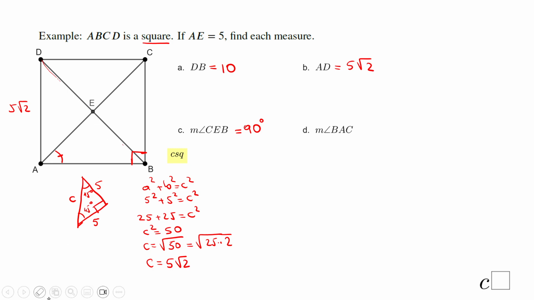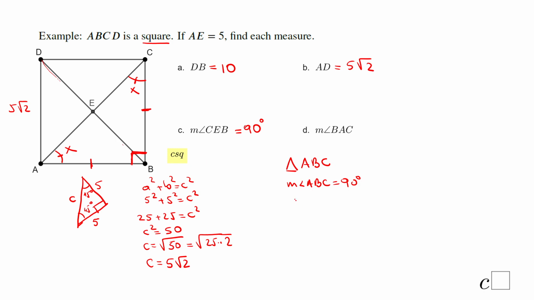So now we are looking, let's say, at this triangle ABC, and we know angle ABC is 90 degrees. And remember, these two sides are congruent, so that means it's an isosceles triangle also. So this angle, which I'm going to call X, and this angle are congruent, which I'm going to call X.